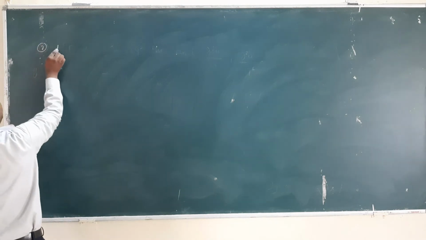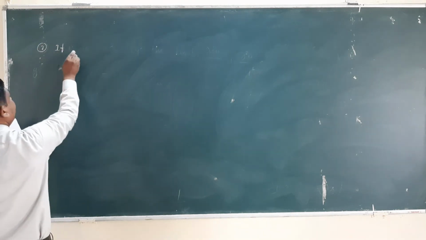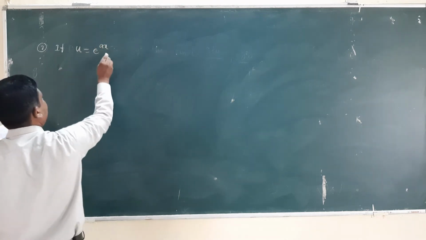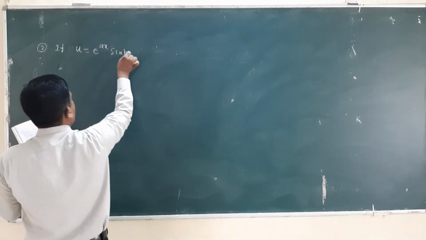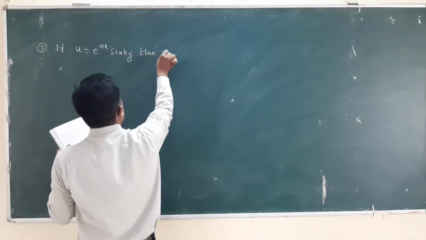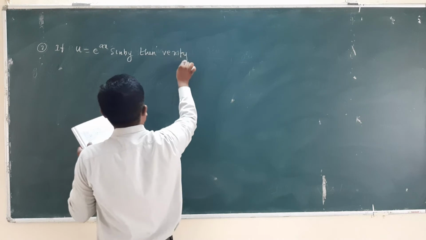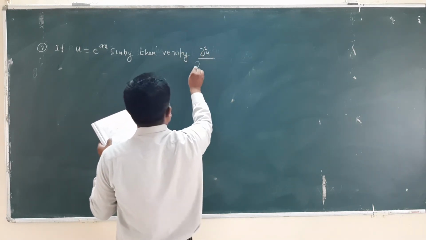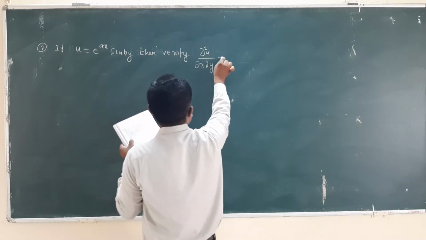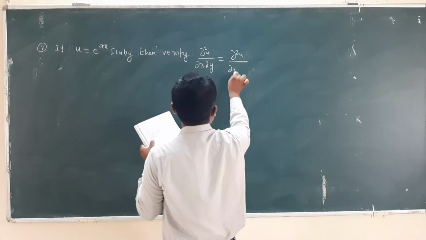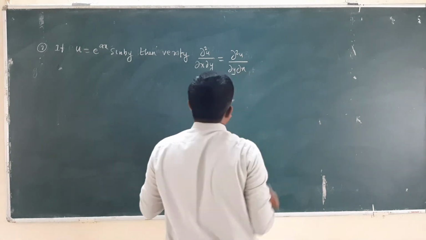Question number 2. If u is equal to e to the power of ax into sin by, then verify dou square u upon dou x into dou y, which is equal to dou square u upon dou y into dou x.